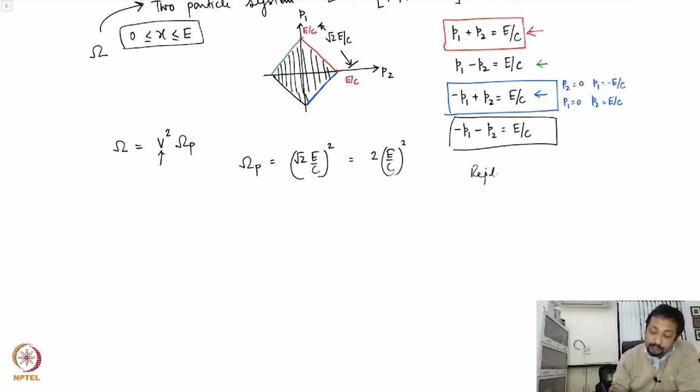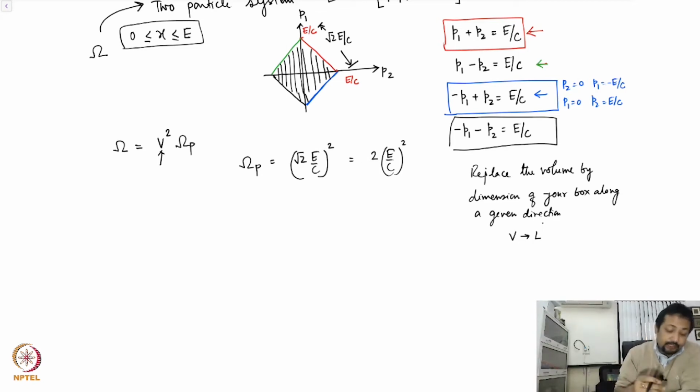So you replace the volume by the dimension of your box along a given direction. Here V therefore goes to L, and for these two particles this quantity now reduces to L squared omega P, where omega P is given by 2 times (E by c) whole squared.